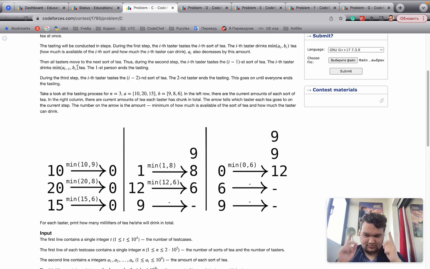So for a segment of tasters, we do +1 for them, which means that one more time we need to add their b_i to their answer. And also for one taster we should just add some value to their answer.